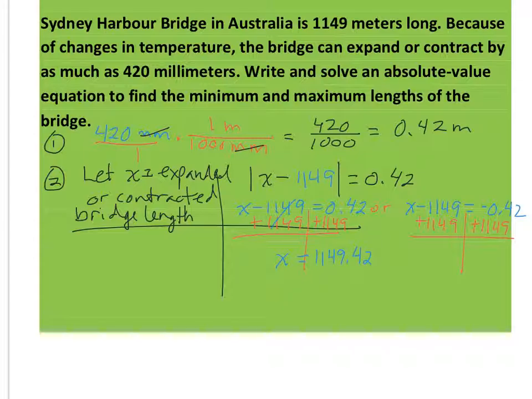For the other one I need to do on the calculator. So 1149 minus 0.42. So we get 1148.58.